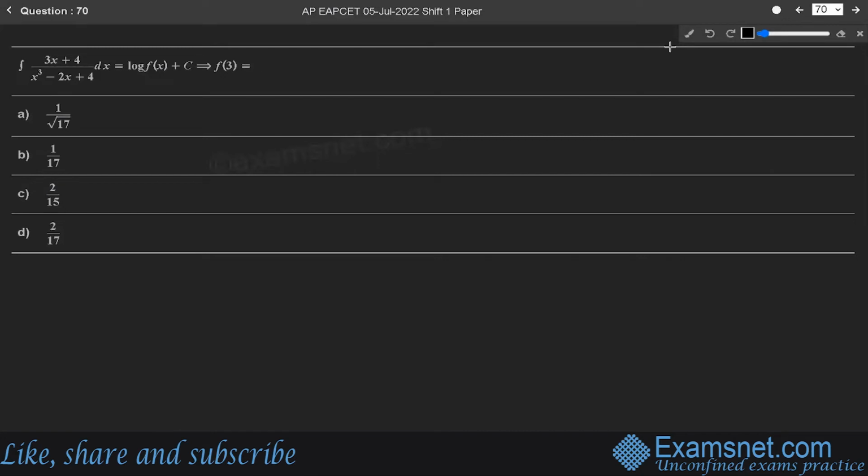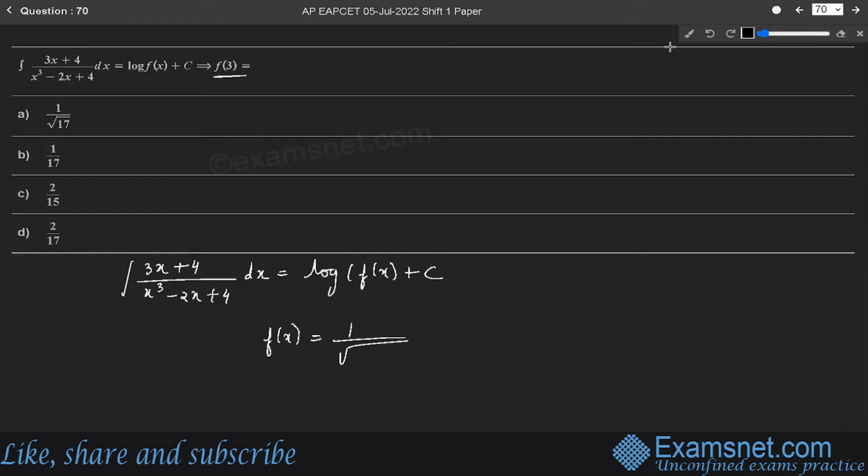Next question is integral of 3x plus 4 divided by x cube minus 2x plus 4 dx is equal to log of f of x plus c. Then f of 3 is equal to. The given format is log of f of x plus c. On comparing it, f of x will be 1 upon under root of x square plus 2x plus 2.